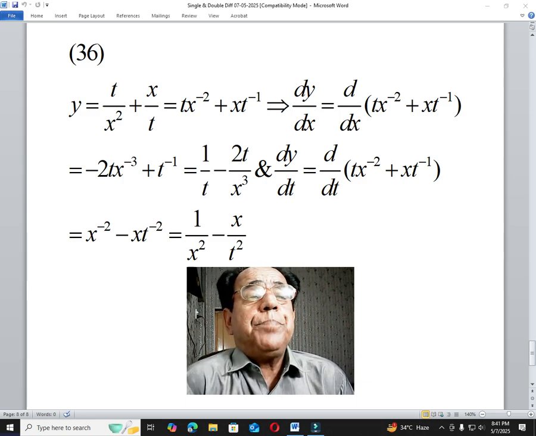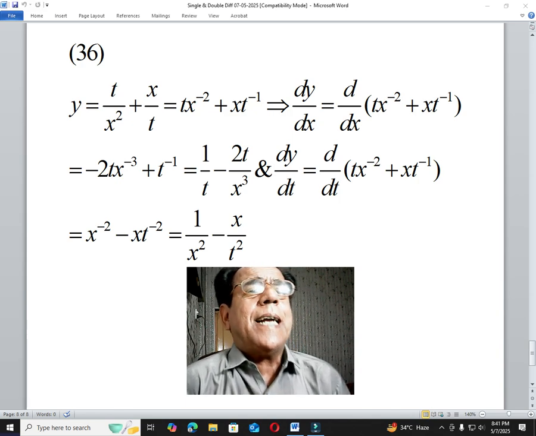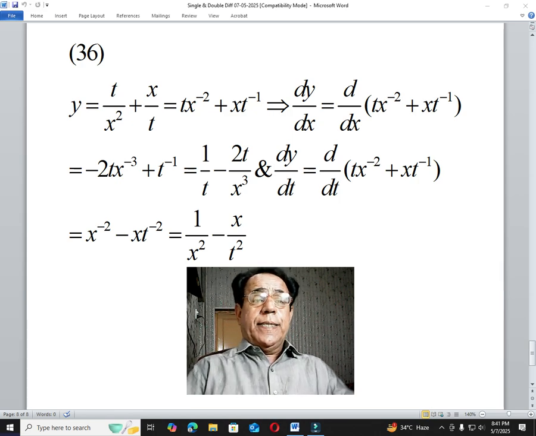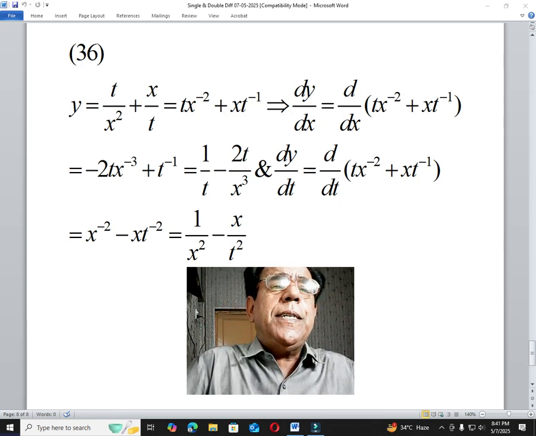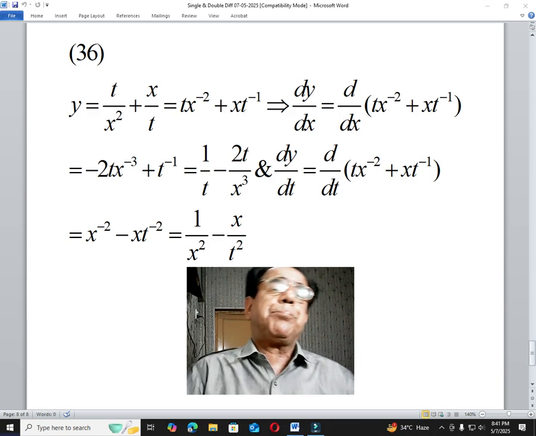What change? We have shifted x square from the denominator to numerator, that is why its power has become minus 2. Similarly, we have shifted t from denominator to numerator and hence its power has become minus 1 from plus 1, okay.